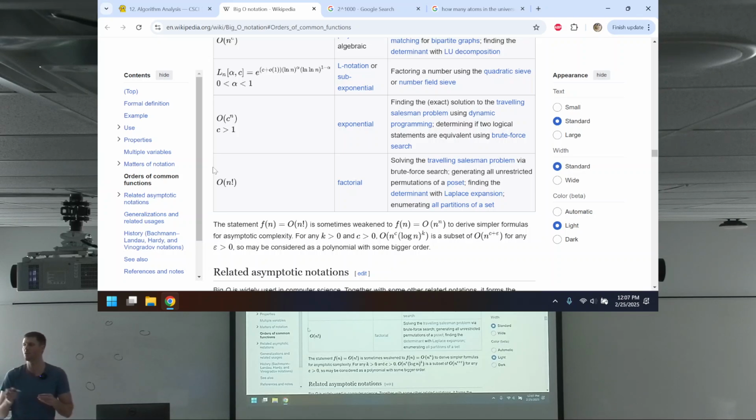Just to review the problem, I'm a salesman, and I need to visit all these cities. But I want to save on gas. So I don't want to go from here to here to here to here. No, I want a nice path that minimizes the total distance traveled. Very simple, easy example. So I want to visit all these cities. I want to start here because I live here.